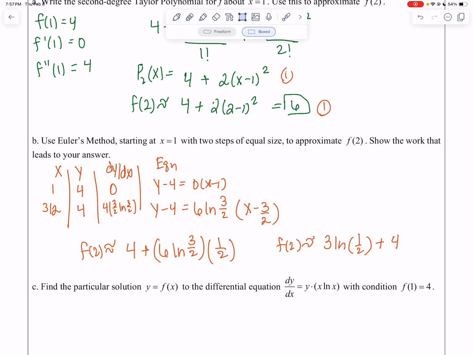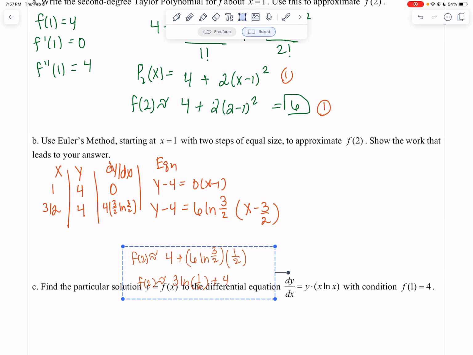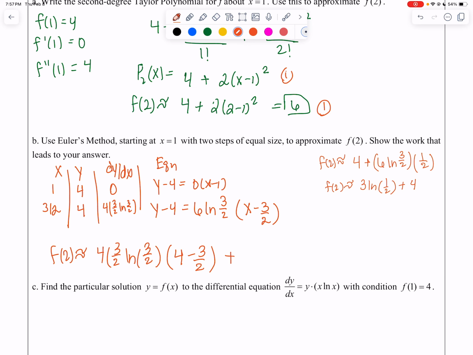Now, if you want to keep it nasty, aka not simplify this, then your approximation would look something like this. I know how some of you guys don't also simplify this. If your approximation looks like this, that's fine because this is going to give you the same answer of whatever this thing is.